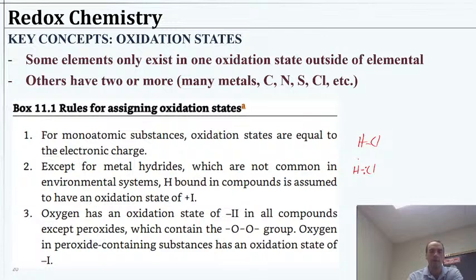But it's kind of like we have a plus charge here and a minus charge here. Does that make sense? Okay. So it's kind of like who gets the paired electrons within that molecule. And if we have H and it's bound to something aside from a metal, chances are the H is getting a +1 state.